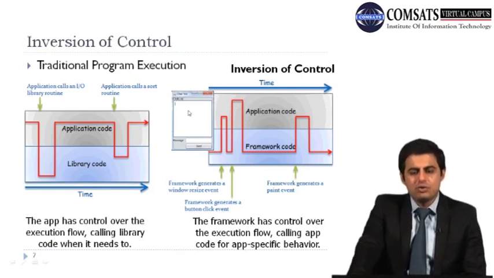You have not written how this window should look, whether it should have these three buttons at the top, a button at the bottom, a message box, a text box, and what is written on top of it. You have not mentioned anything at all. Rather, you just mentioned that you need a window to open during the execution, and that you have done by writing a single piece of code.